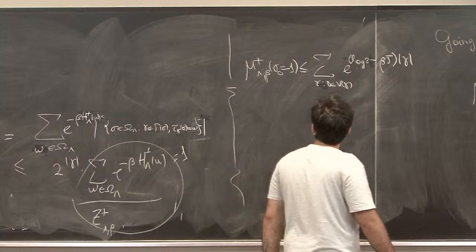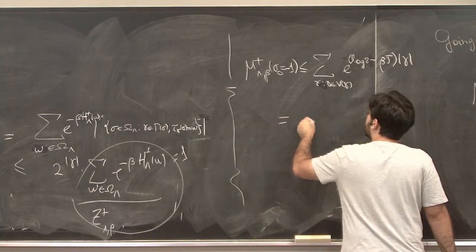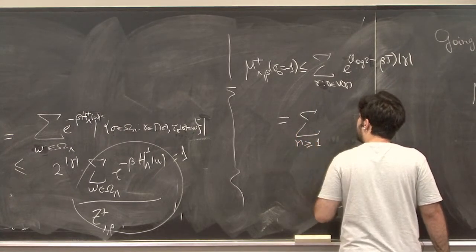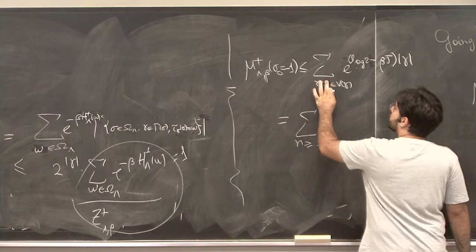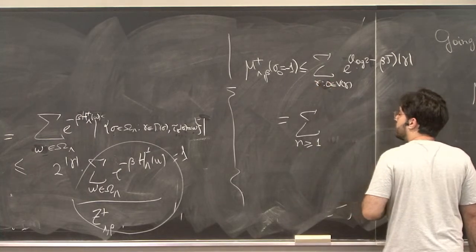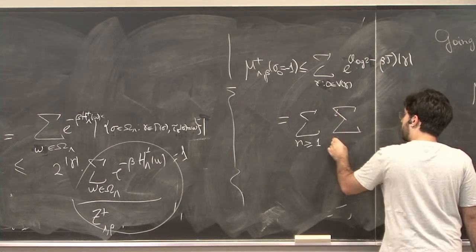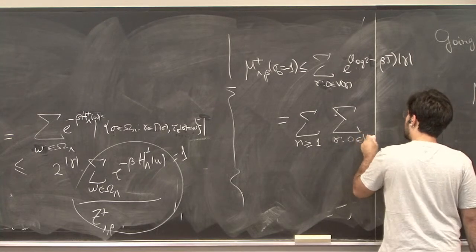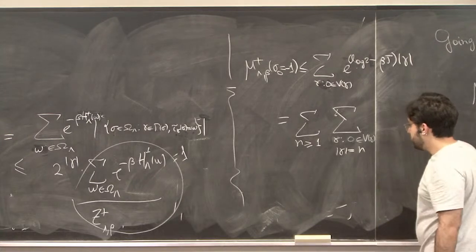So how do I do this? I will divide again, and I will split the sum into level sets. So I will sum all n larger than 1, and then I will sum over all the contours such that 0 is inside the gamma, and that the support has size exactly n.